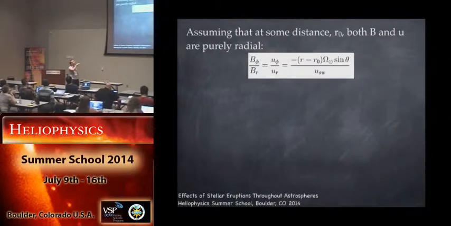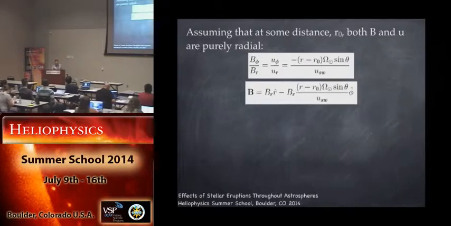And the radial speed is simply the stellar wind velocity. And in the azimuthal direction, it's simply the solar rotation times the location in the radial direction. And we have the sine theta because this component goes to 0 as we get closer to the pole. We can assume that this is 1, and we're talking about the equator for the rest of the talk. But I will keep this sine theta there anyway.